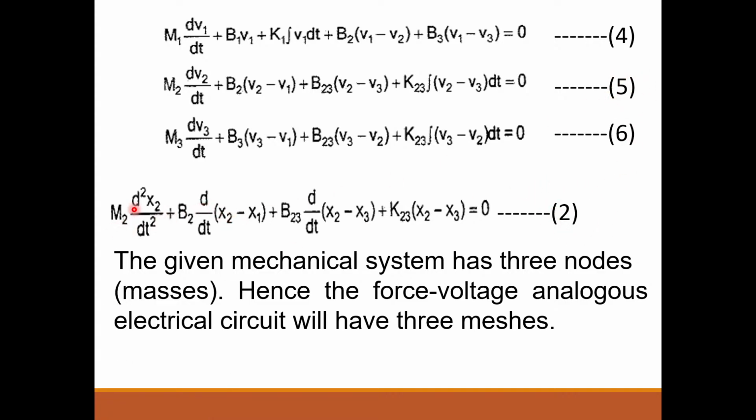So what is equation 2? m2 d square x2 by dt square; instead of writing d square x2 by dt square, write dv2 by dt. Plus b2 d by dt of x2 minus x1 can be written as b2 into v2 minus v1. Plus b23 d by dt of x2 minus x3 can be written as b23 into v2 minus v3. Plus k23 times x2 minus x3 can be written as k23, where instead of x2 we write integral of v2 dt, and instead of x3 we write integral of v3 dt. We have taken the integral common and we have written this equation 5.